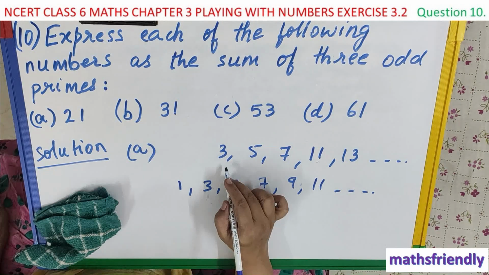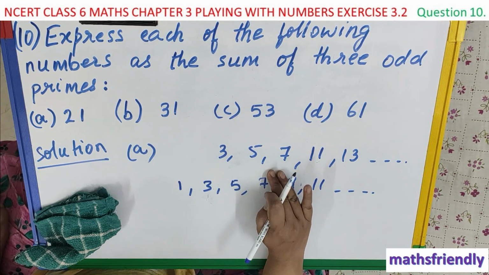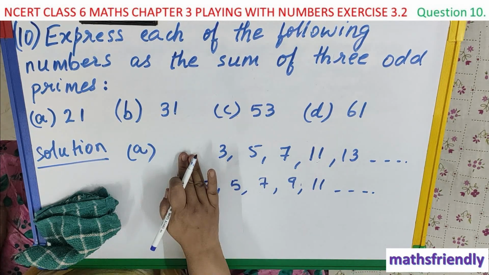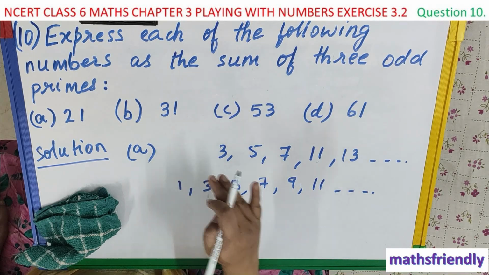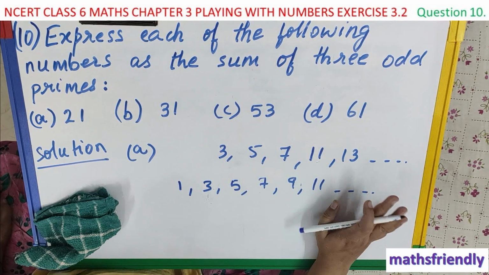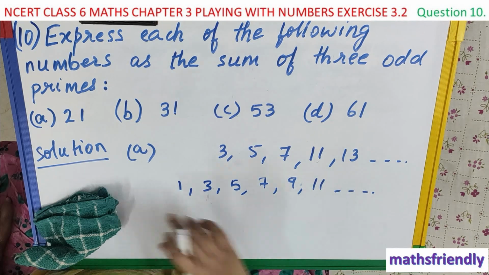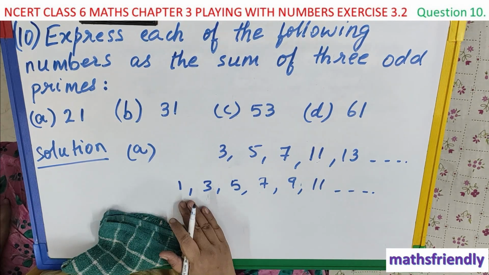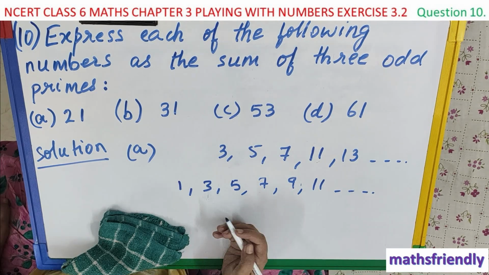We get the odd prime numbers, because if we remove 2 from the list of prime numbers, we get the list of odd prime numbers. These are all odd numbers and these are all prime numbers. But in the list of odd numbers, some are prime and some are not.